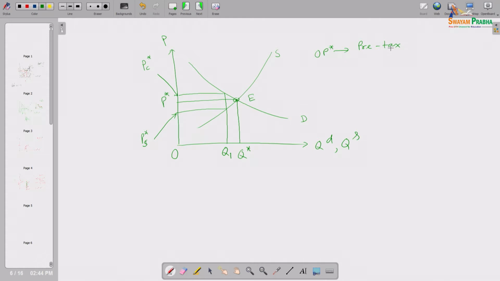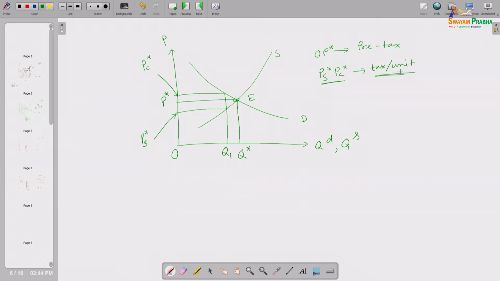Exactly the same price per unit of the commodity. Now, after the tax, the gap between PS star and PC star, this distance, is basically the tax amount, the tax per unit.